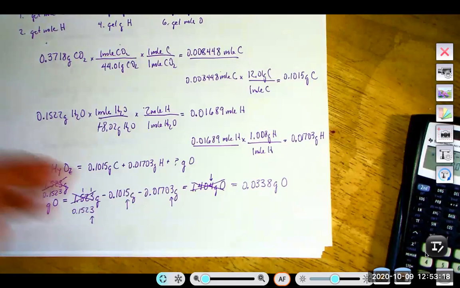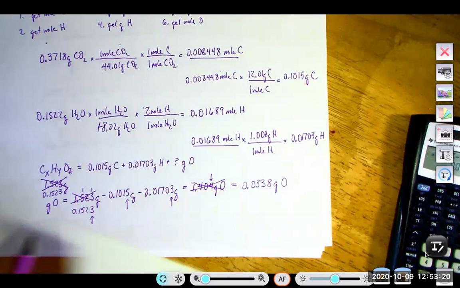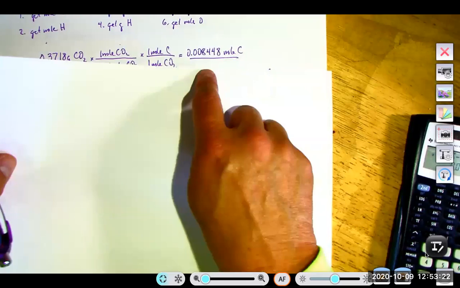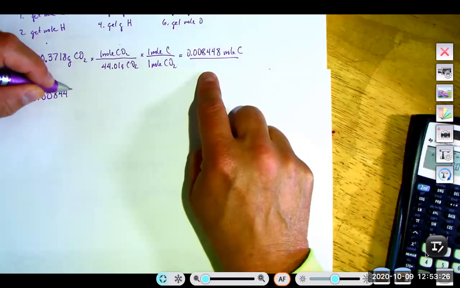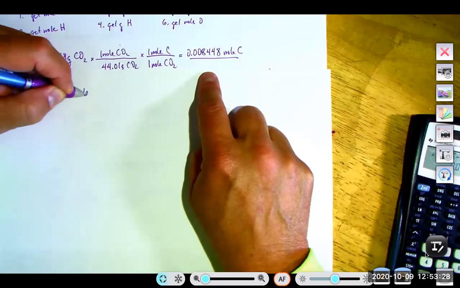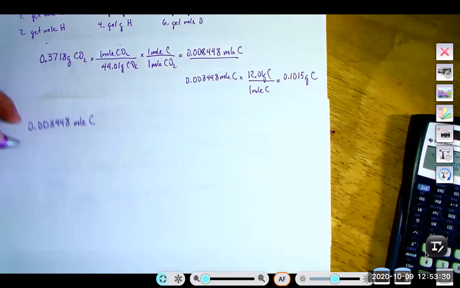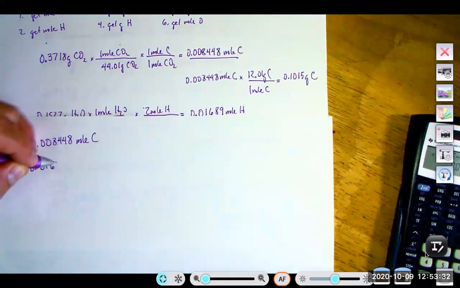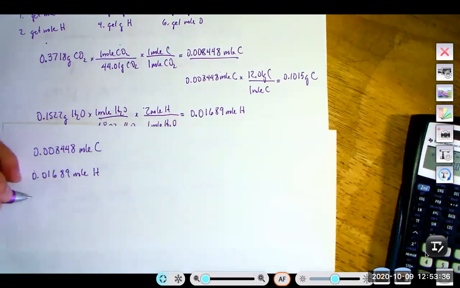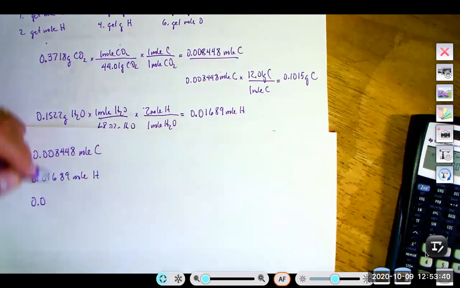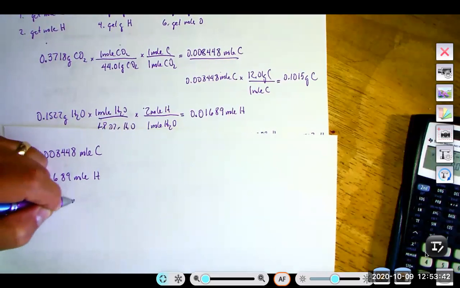So we have 0.008448 mole of carbon, 0.01689 mole of hydrogen, and 0.0338 mole of oxygen.